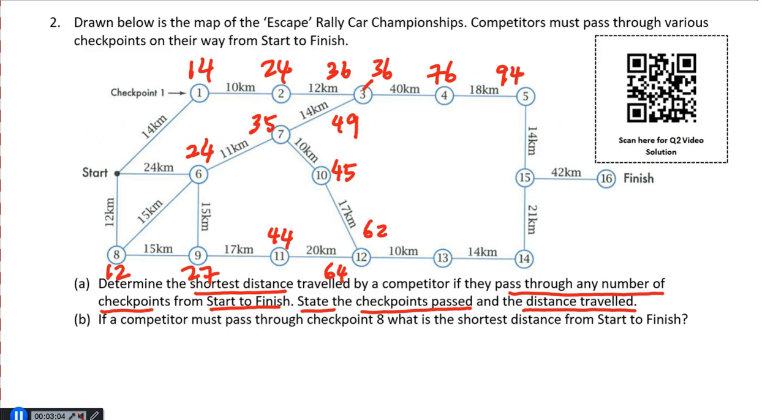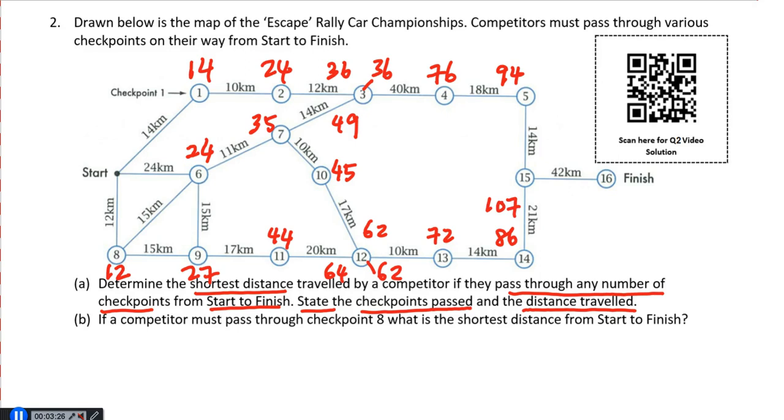So which one would you choose? I'll choose 62. 62 plus 10, it will be 72. 72 plus 14, it will be 86. 86 plus 21, it will be 107 up to here.